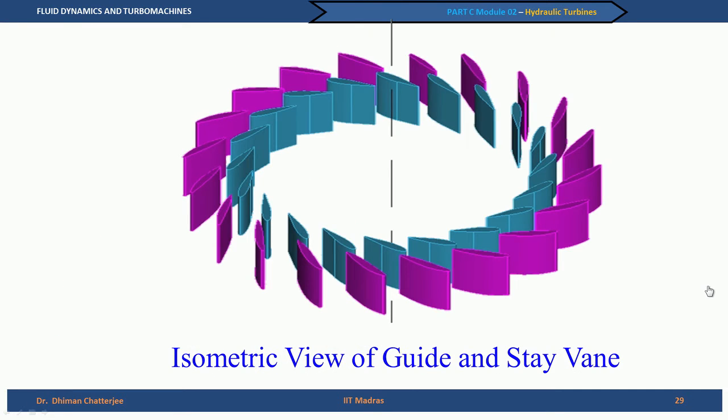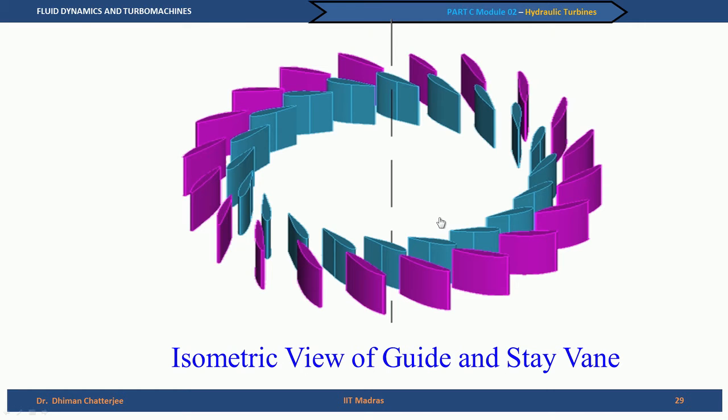Next, the flow will see the guide vanes and the stay vanes, the so-called distributor systems. You can see that these are essentially hydrofoils or aerofoils with a rounded leading edge and a sharp trailing edge. So, the flow enters here through the guide vanes and stay vanes and goes inward.